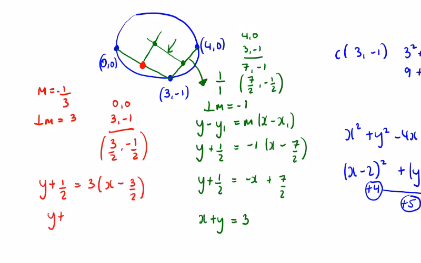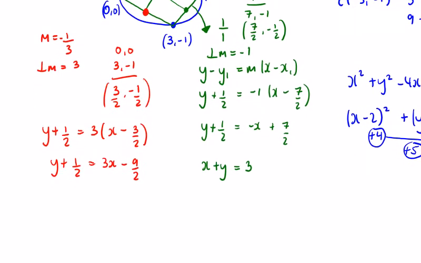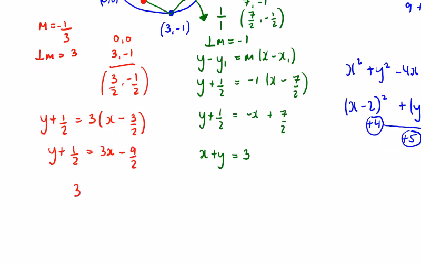So y plus a half is equal to 3x minus 9 over 2. So bringing the y to the right this time, 3x minus y is equal to, we're going to bring the 9 over 2 left, that's going to be positive, so we're going to get 1 over 2 plus 9 over 2, which is just 5. Bring this down and say x plus y is equal to 3.